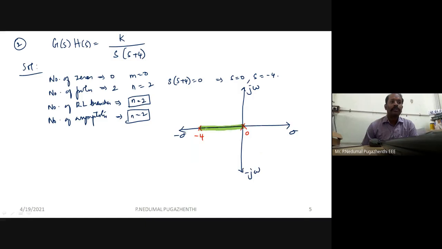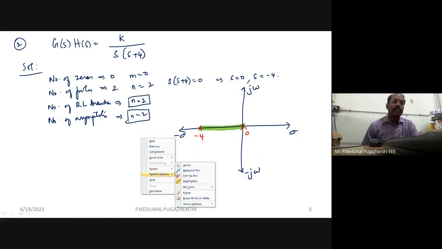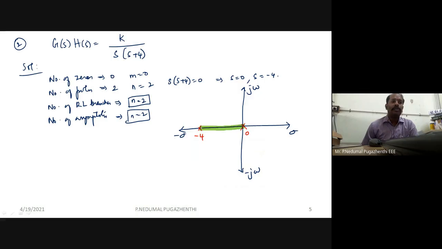Why? Because if you take a test point between these two poles, there is only one pole at the right hand side. Beyond minus 4, if you take a test point like minus 5, minus 6, then you will have two poles, so there is no possibility of root locus branches. So on the real axis, you will have a root locus branch between 0 and minus 4.